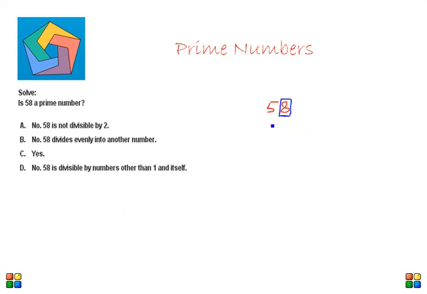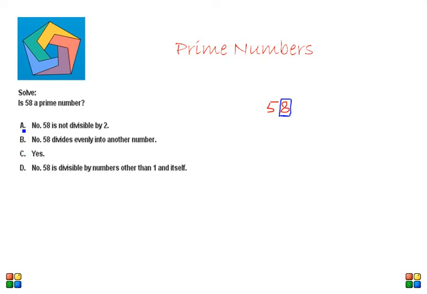So we can say that 58 will be divisible by 2, and as I said, all even numbers greater than 2 are not prime numbers. So it's easy for us to find out which one will be the correct answer.